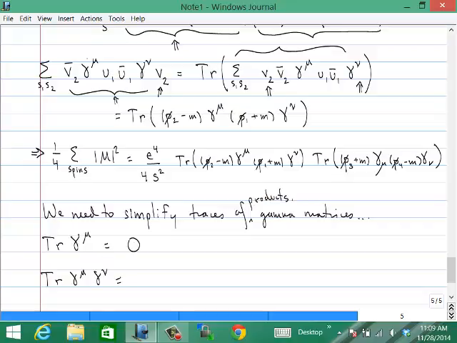Similarly, if you take the trace of gamma mu gamma nu, well, you know that it has to be proportional to the metric, because that's the only two-index object that is Lorentz invariant.